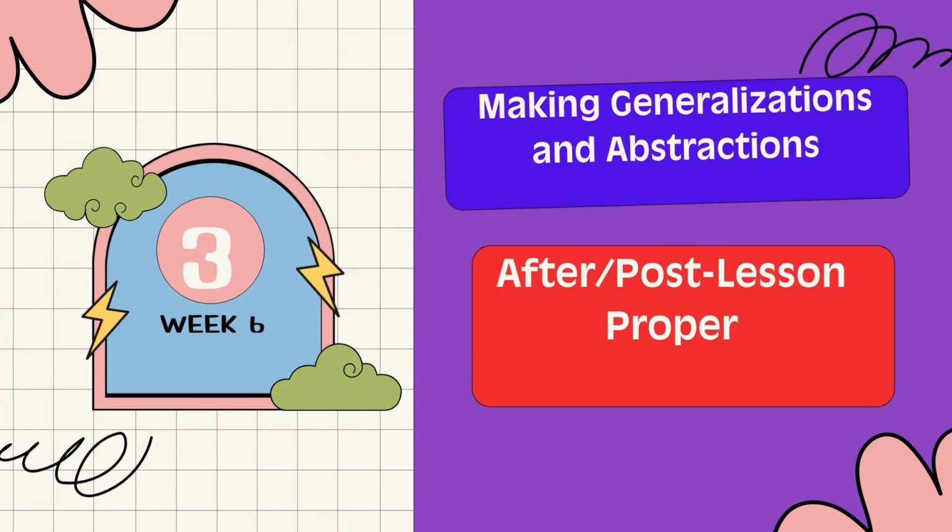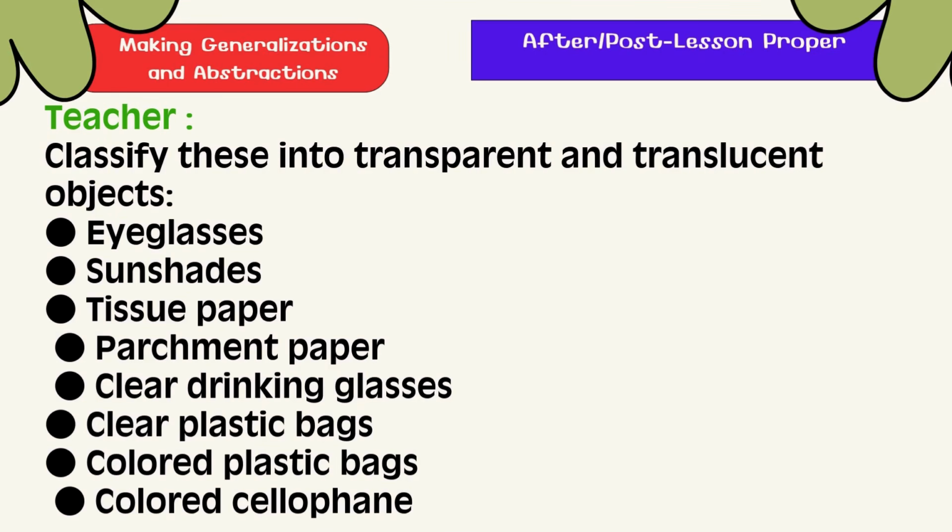Making generalization and abstraction. Classify these into transparent and translucent objects.